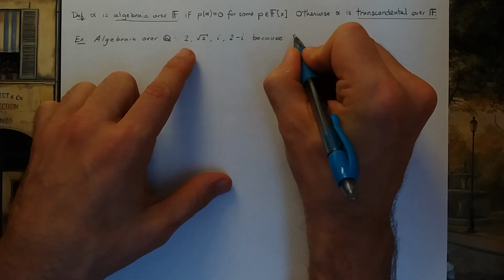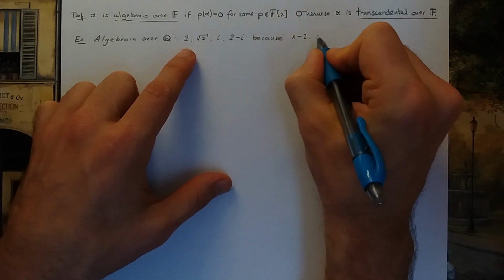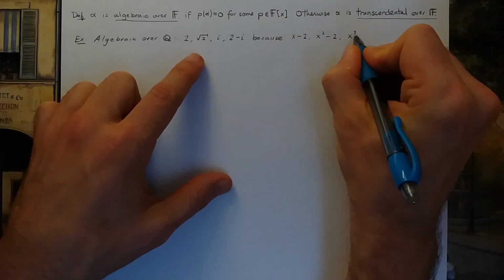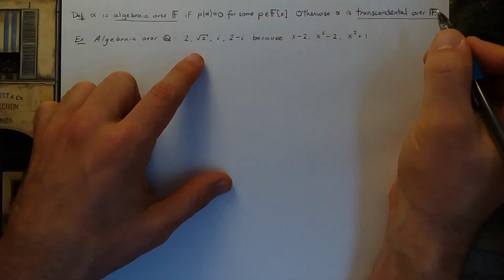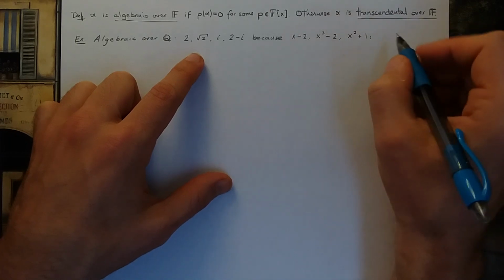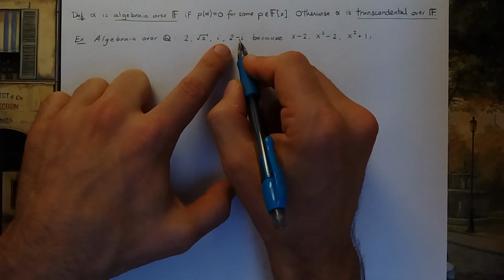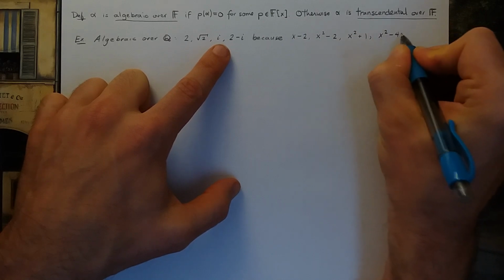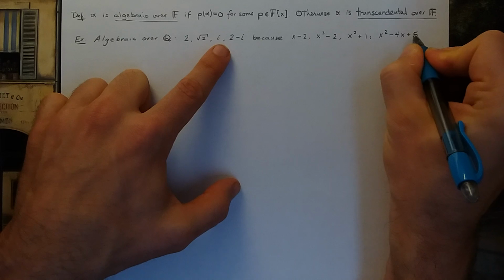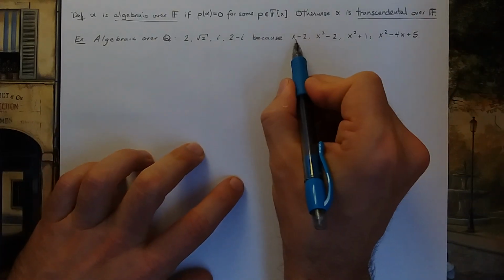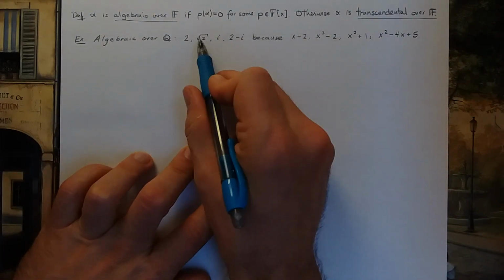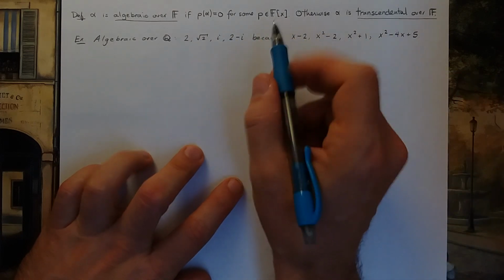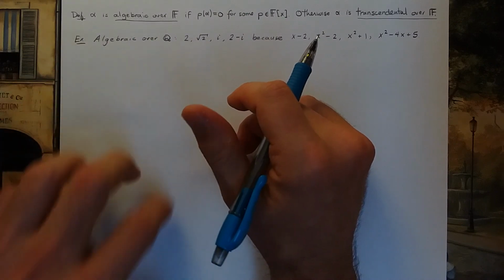For instance, x minus 2, x squared minus 2, x squared plus 1. And I think for the last number, I can choose x squared minus 4x plus 5. 2 is a root of the first polynomial, the square root of 2 is a root of the second, i is a root of the third, and 2 minus i is a root of the fourth polynomial. So these are all algebraic over Q.